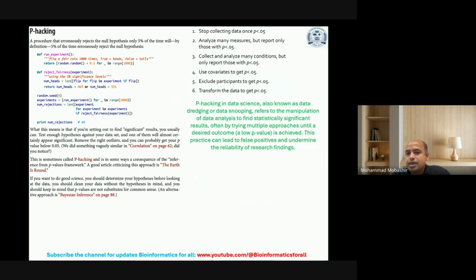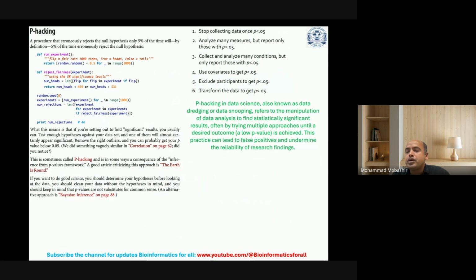In data science it is known as data dredging or data snooping, which refers to the manipulation of data analysis to find statistically significant results, often by trying multiple approaches until a desired outcome of p-value is achieved. This practice can lead to false positives and undermine the reliability of your research findings.